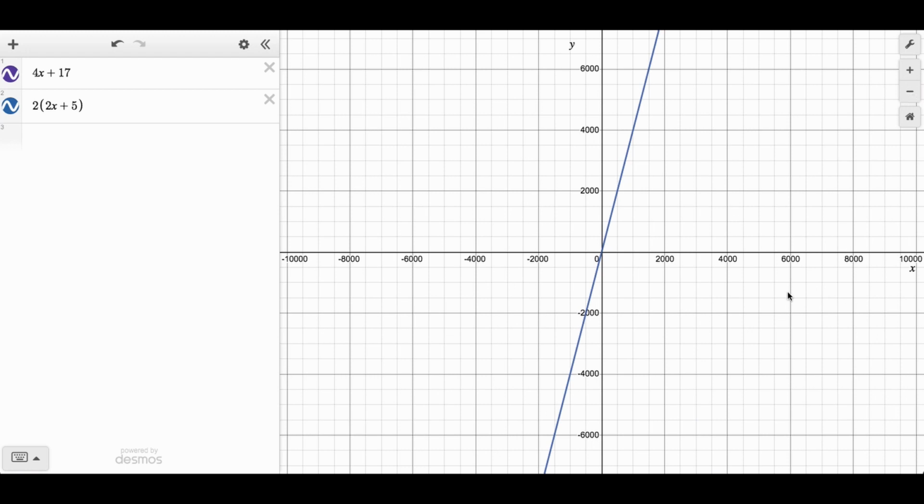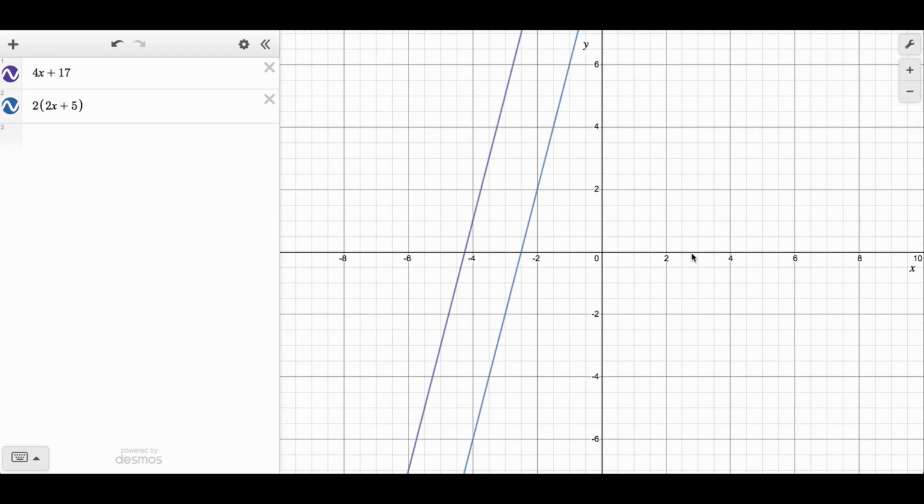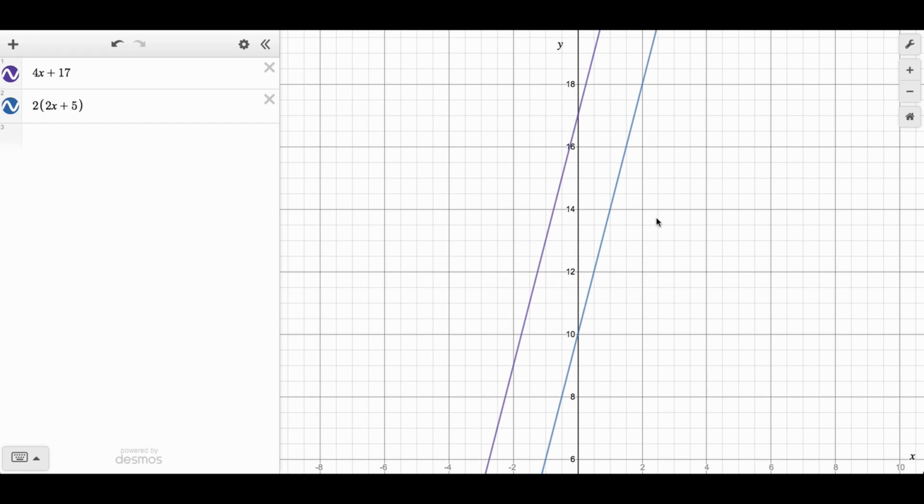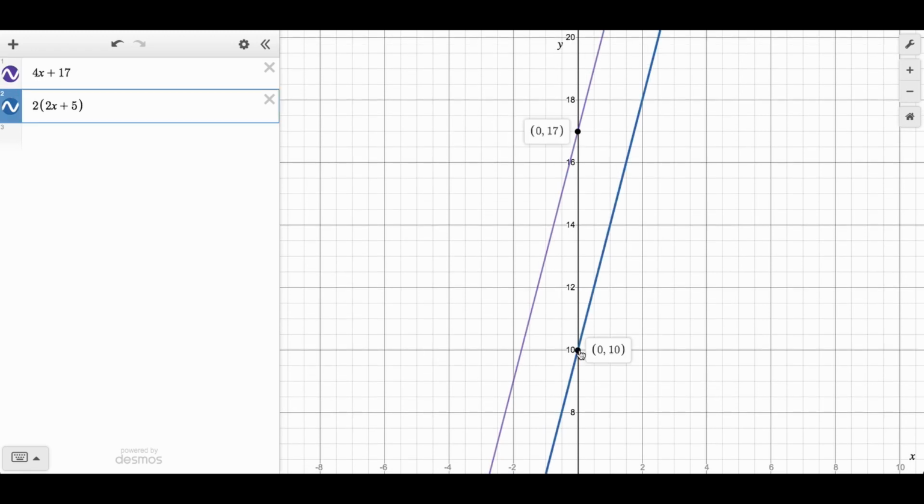Even if we go this far back, at which point it looks like these have become one line, they're still different. So let's go back to our default zoom, and we can see that they both have different x-intercepts and different y-intercepts. So why these two expressions have no solution is because their graphs are parallel.